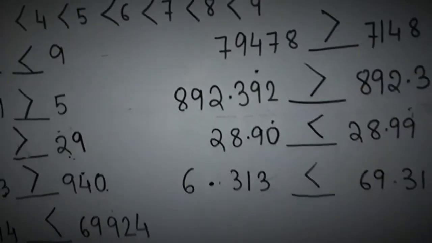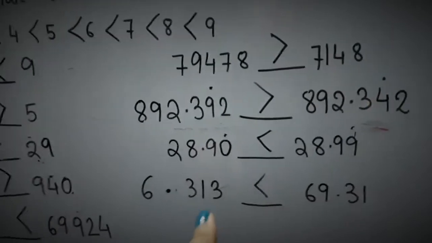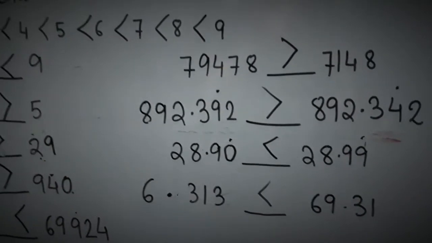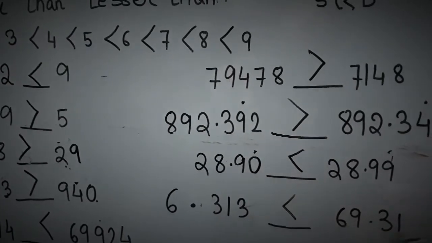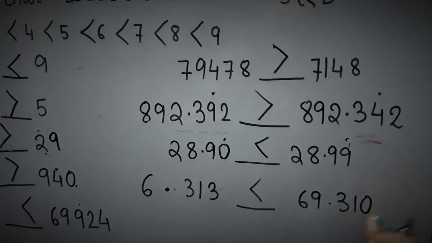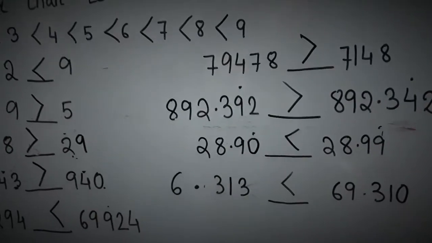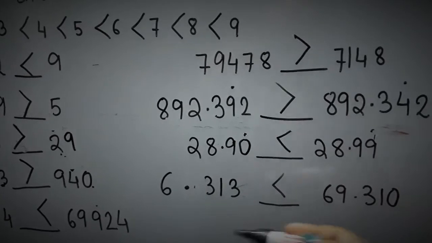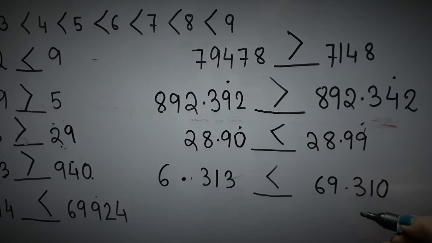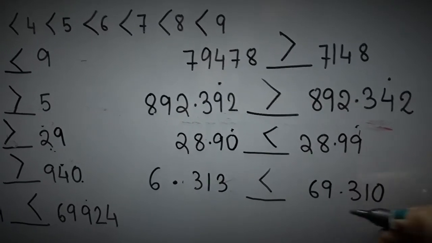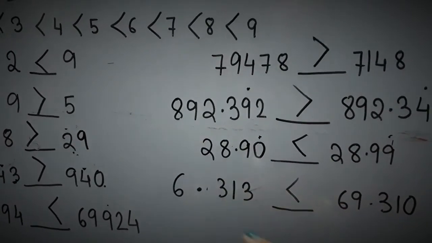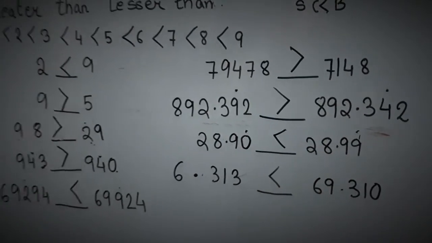Clear? Why? Because this is 6.313 and this is 69.31. After the point there are 3 digits, you can add a 0 here to make it like a fraction. About like fractions, as I told you, I will explain in another video. After the point there must be an equal number of digits. If there is no equal number of digits, you can put a 0 and make it equal. Before the point 2 digits, before the point 1 digit, that time you have to see that and do.